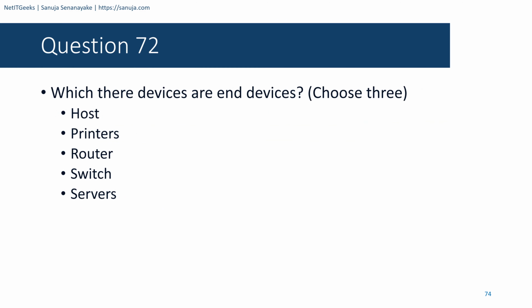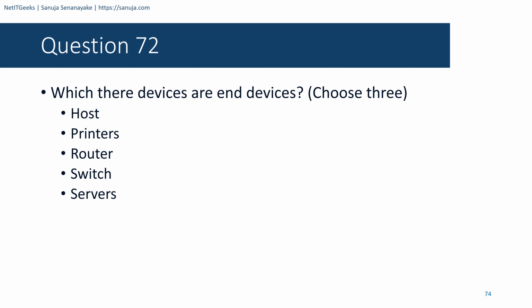Question number 72. Which are the devices on your network that are considered as end devices? Remember at the very beginning, we had a few questions about end devices and intermediate devices. So we're asking the same question in a way that we want the end devices now.